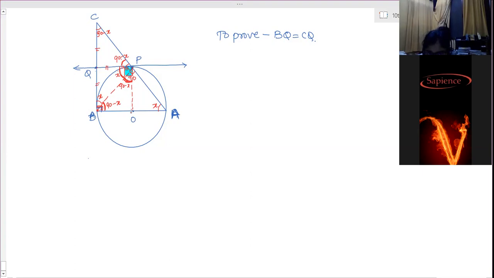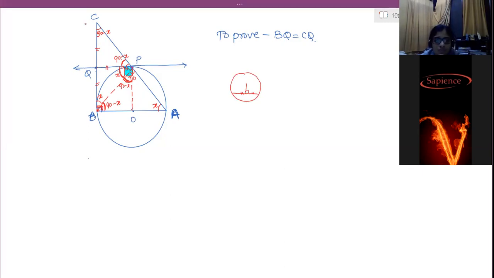And not the angles. A perpendicular from the center on the chord bisects the chord, not the angles and not the tangents. Okay, ma'am. That was my doubt. Now I got it.